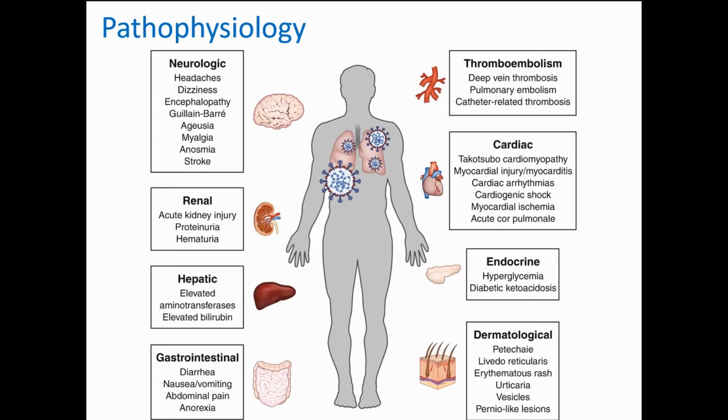Okay, so let me summarize the pathophysiology. So you have a situation where most organs are affected, not surprising, because of severe acute respiratory distress, plus the hyperactivity of cytokines.